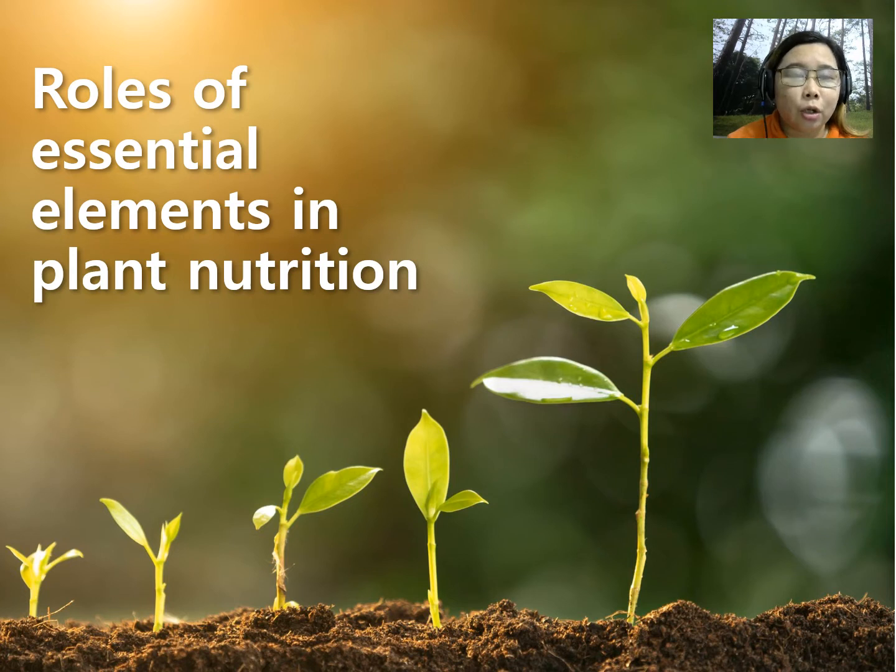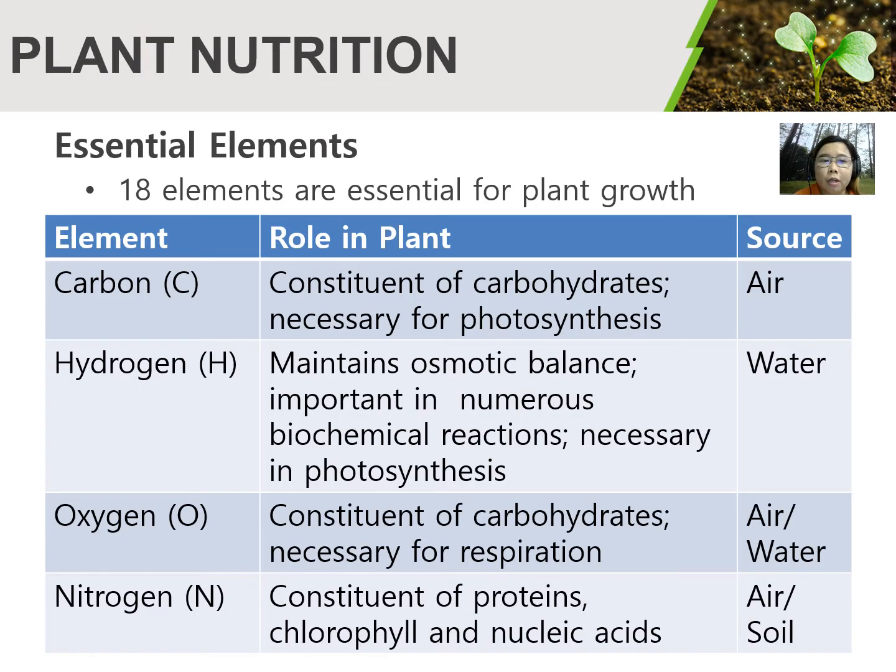Now let's go to the roles of essential elements in plant nutrition. There are 18 essential elements in plant nutrition, and this table summarizes the 18 and their role in plant growth and development. For carbon, carbon is a constituent of carbohydrates, and this element is also necessary for photosynthesis.